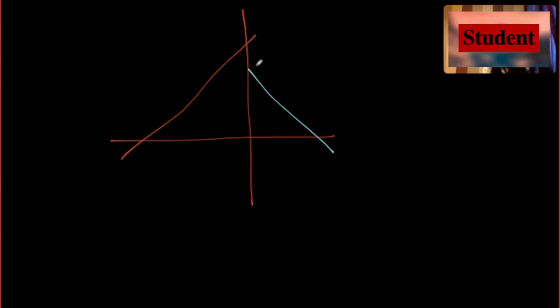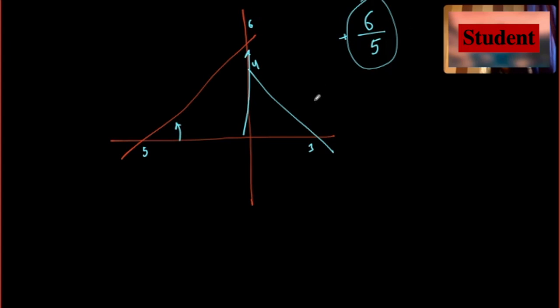This is 4, this is 3, this is 5, and this is 6. So what is the slope of this? Rise is your 6. And what is run? 5. And you know that this is the acute angle, so it will have a positive slope. That's all.